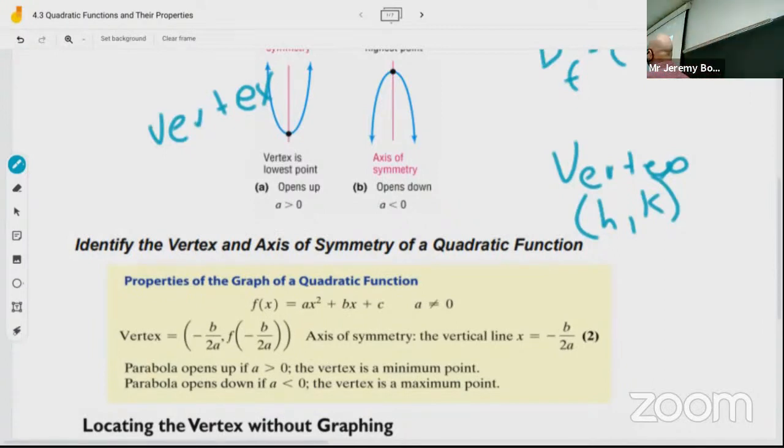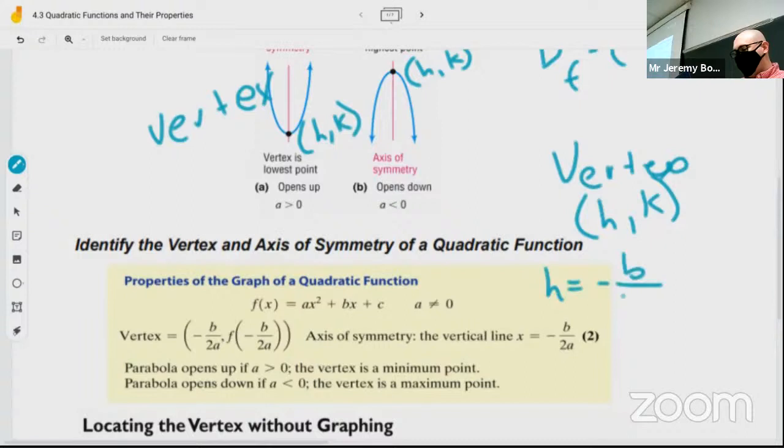That's usually how we represent the vertex. You know, we do x comma y. Well, the point here we say is h comma k. And the point here as well will be h comma k. To find h, you're going to do negative b over 2a. That's going to give you the x value of the vertex.